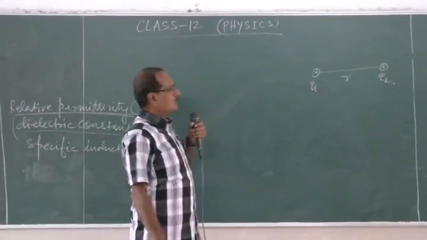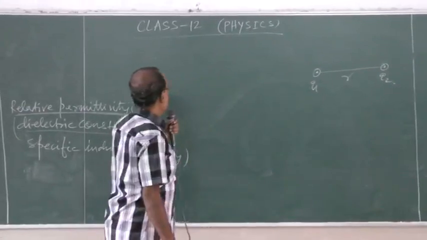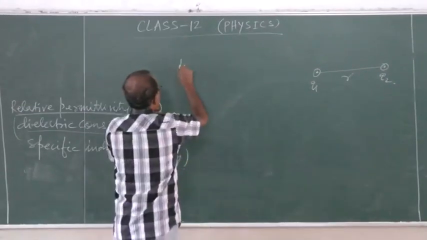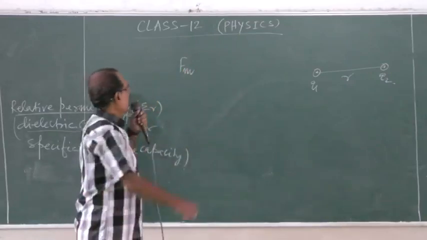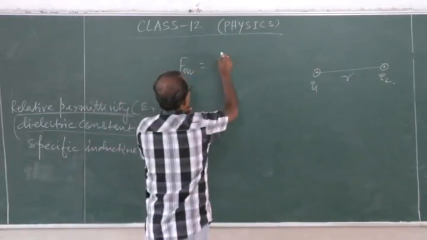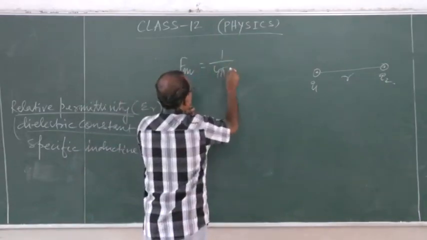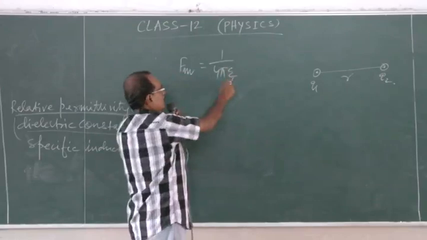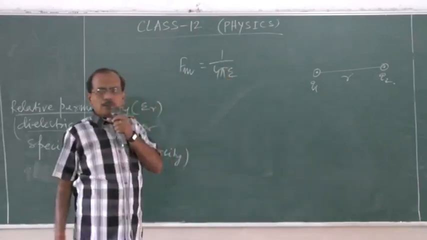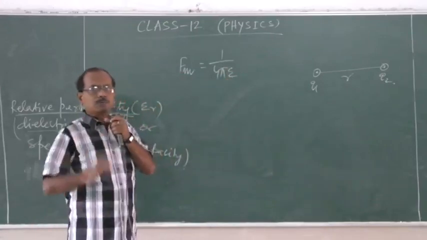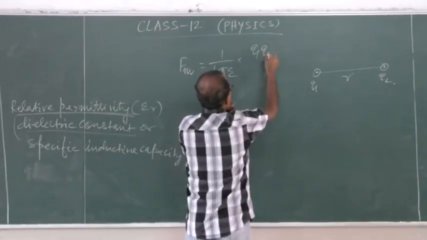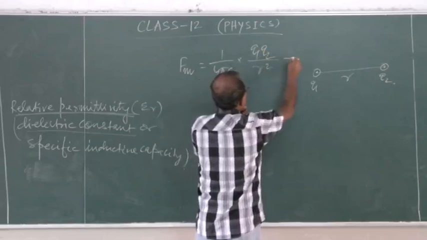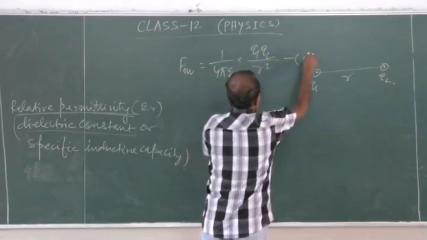When these two charges are kept in the medium, the force between them is Fm. Fm is equal to 1 by 4 pi epsilon, where epsilon is the absolute permittivity of the medium we are using, into Q1 into Q2 by r square, equation number 1.